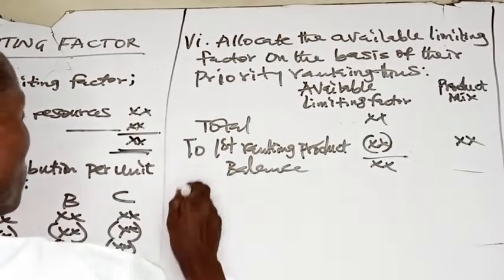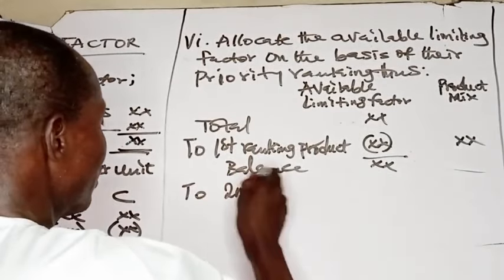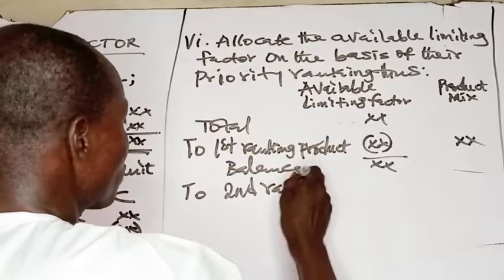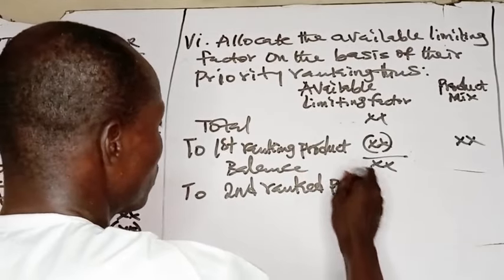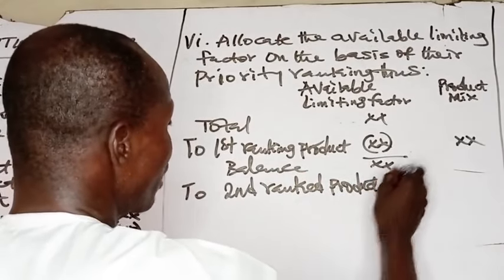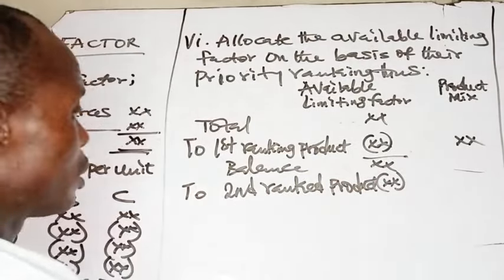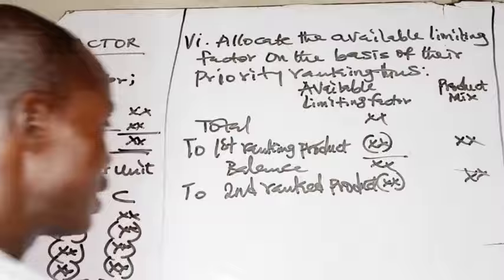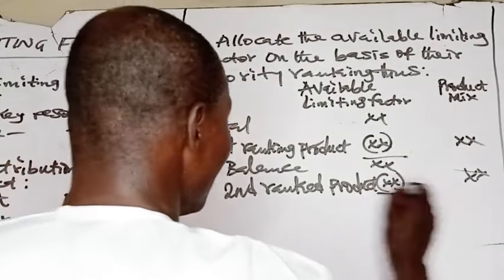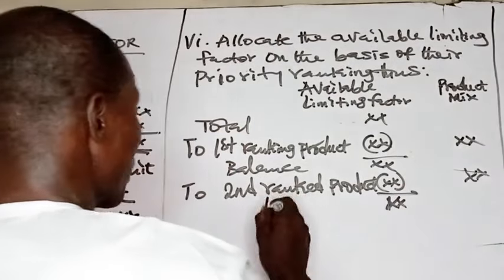Then to the second ranked product, the product that is ranked second, the product mix will still be the demand since you have sufficient of that. Then you have the balance.